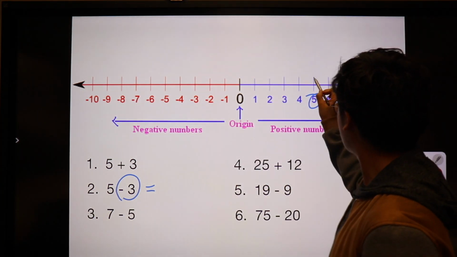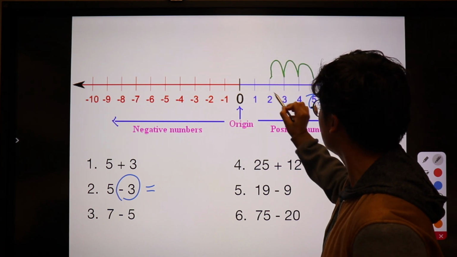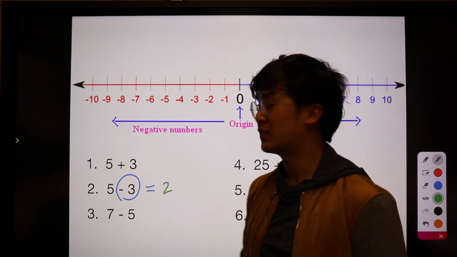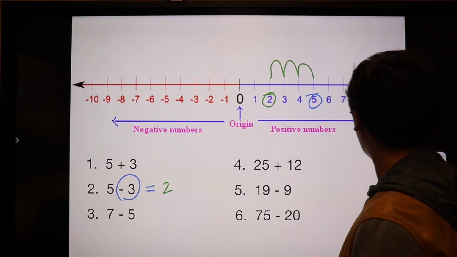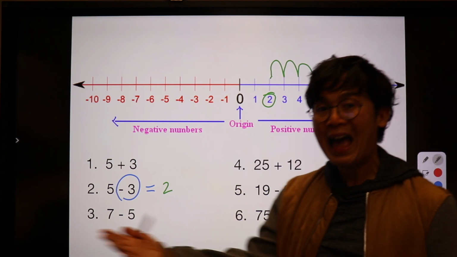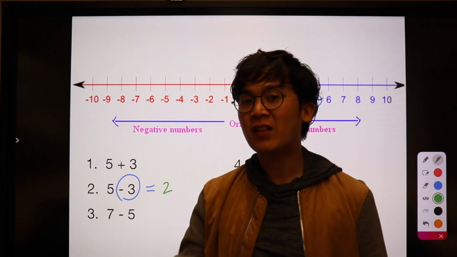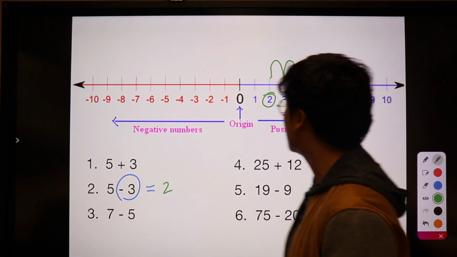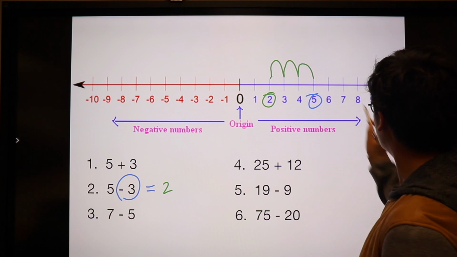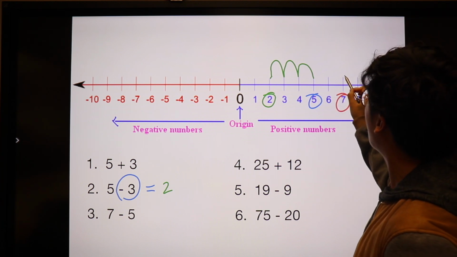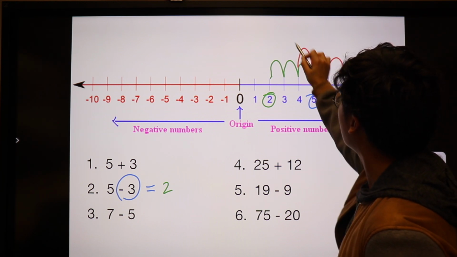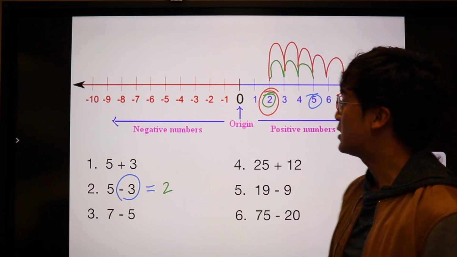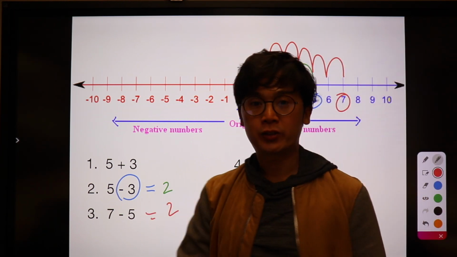So we're going to be skipping 1, 2, 3 units, and that's why the answer is 2. So that is how we use the number line when we add and subtract positive and negative numbers, also known as the integers. So if we have 7 minus 5, we're going to start with 7, and we're going to be skipping 1, 2, 3, 4, 5 units, which is also equal to 2.